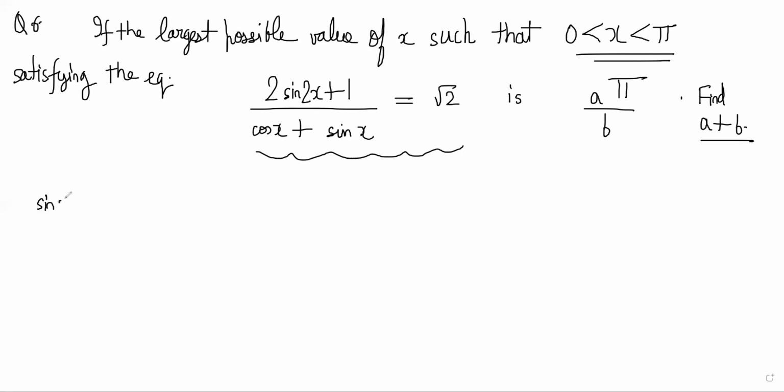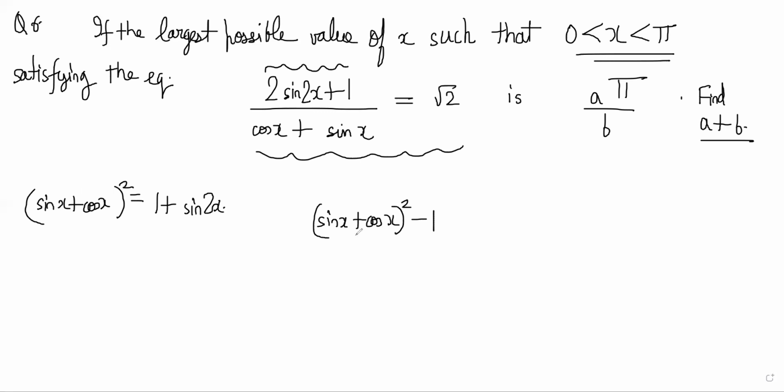We know that sin x plus cos x whole square is 1 plus sine 2x, right? So this part can be written as sin x plus cos x whole square minus 1 is sine 2x. 2 times of that plus 1, right?